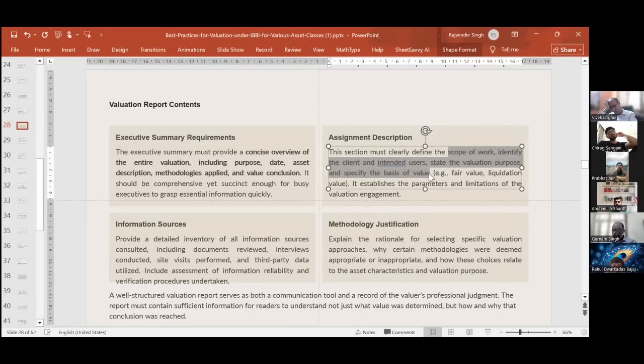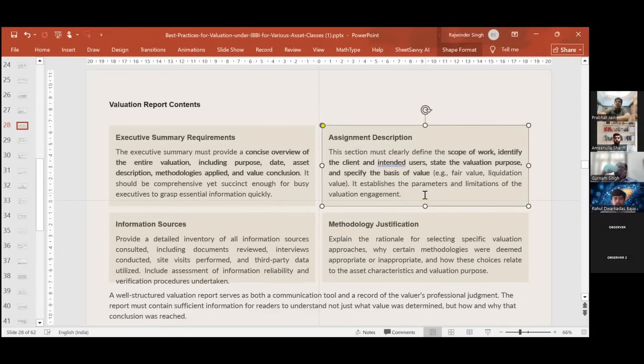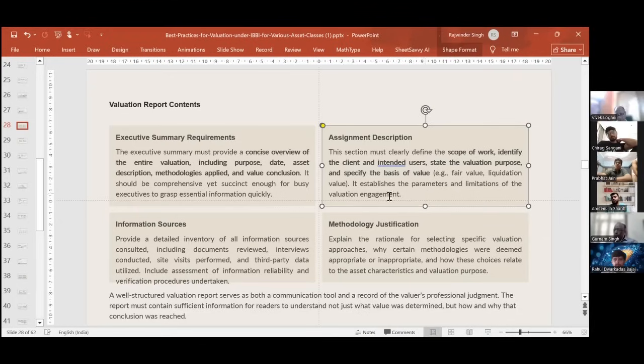These are the things which you have to mention in assignment description. For example, whether you are calculating fair value of the asset, whether you are calculating liquidation value of the asset, so that is basis of value. So it establishes the parameters and the limitations of the valuation methodology as engagement.